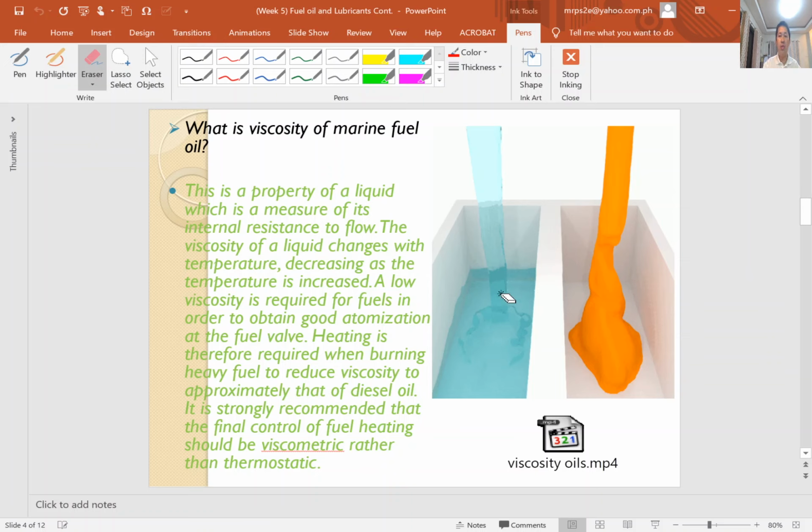As you can see in the two drawings here for illustration, this one is less viscous and this one is more viscous.